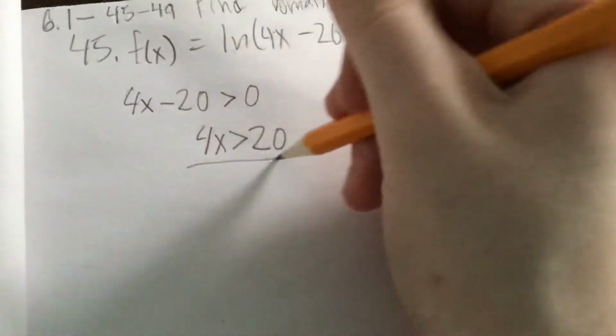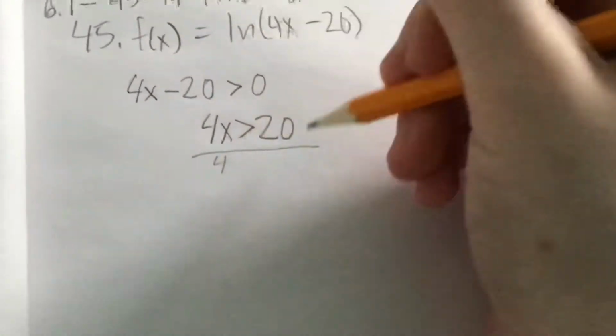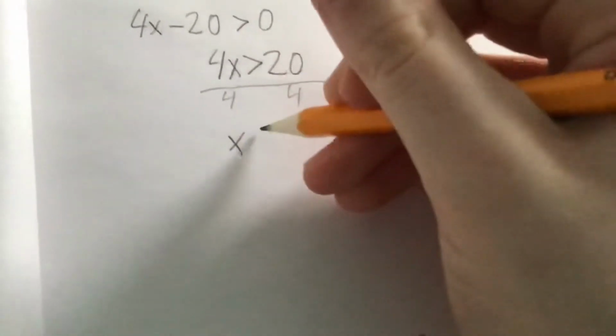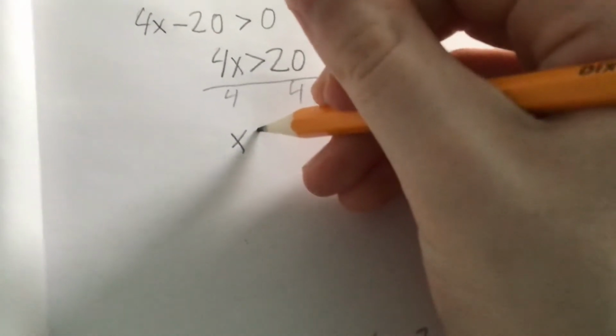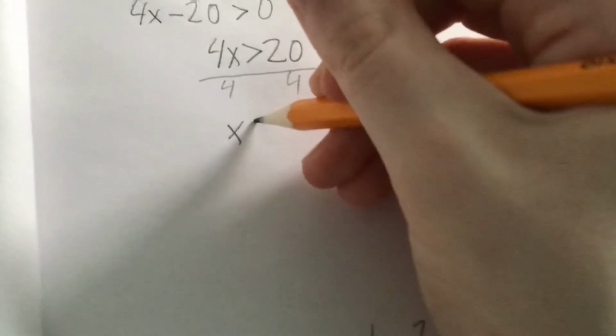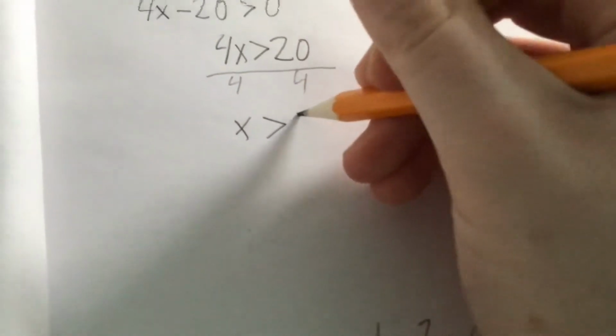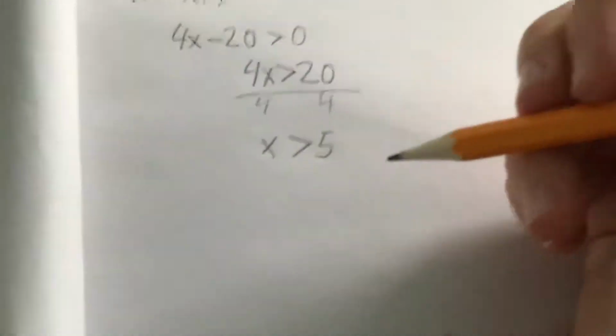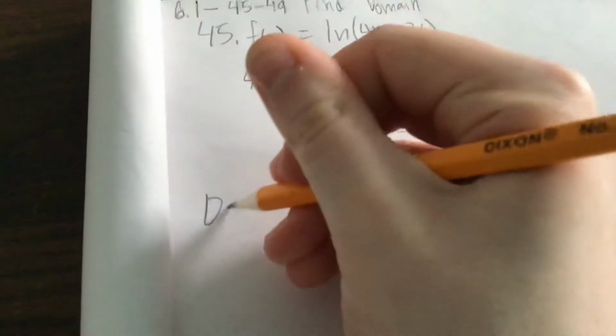Then we divide the whole thing by 4, so we get x by itself. And that is where we get x is greater than 5, okay?